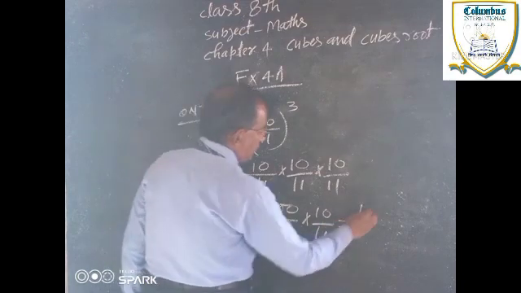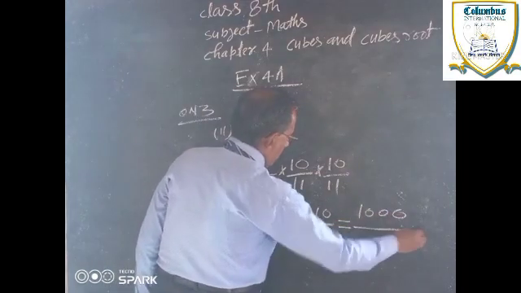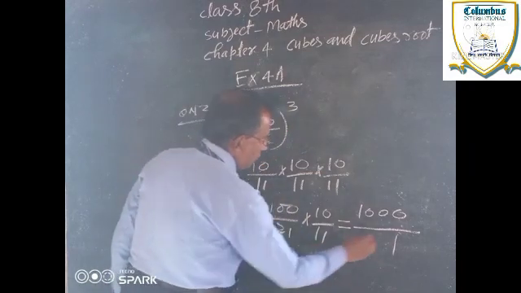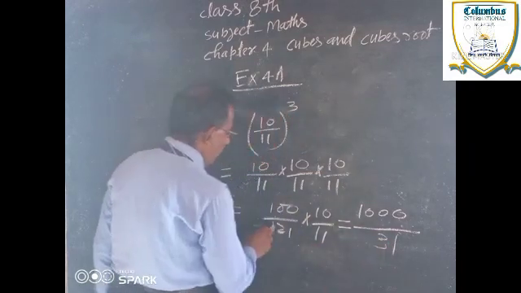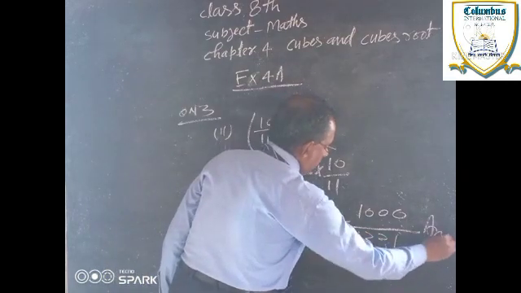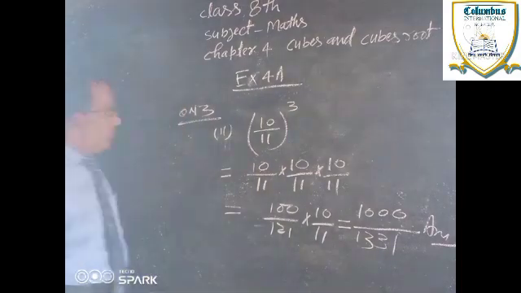That is 1000 divided by 11 1s are 11, 11 2s are 22, carry, and so on, 1331. 1000 by 1331 is the cube of 10 by 11.